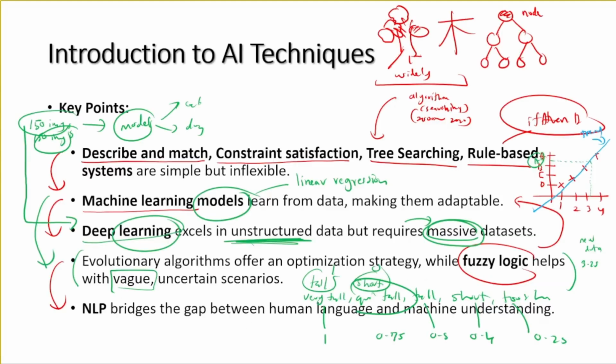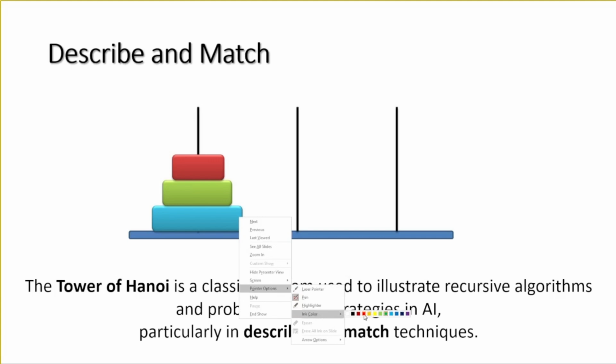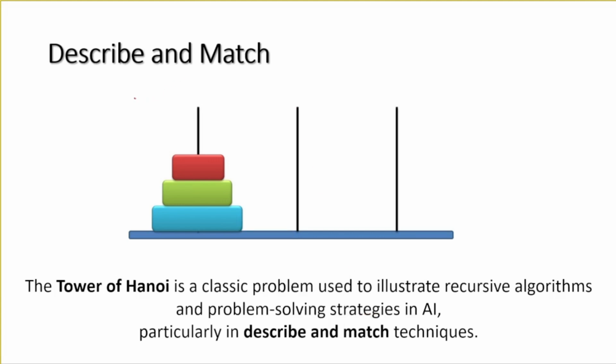Okay, so let's jump deeper inside this for a while. Describe and match. Describe and match is basically simple, but I think it's very crucial in this particular sense. In Malay, we call it padan.